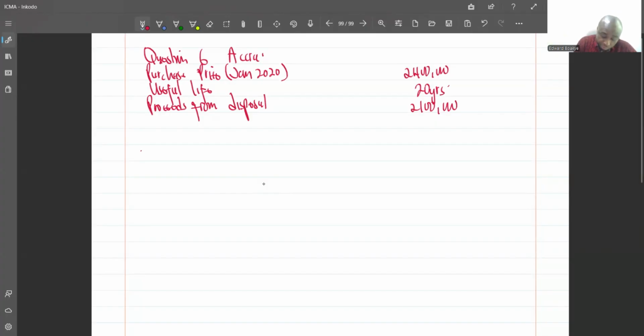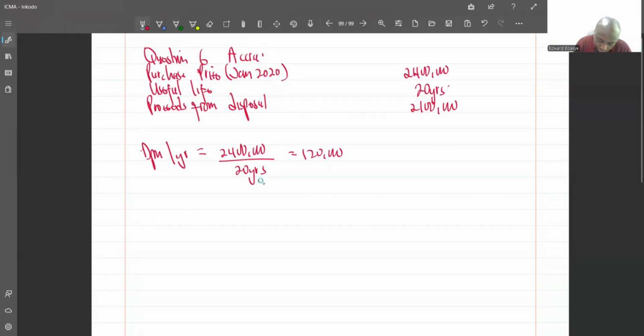It means we will have to find depreciation per year. So depreciation per year will be equal to 2.4 divided by 20 years, which will give us 120,000. We have used it for 2 years.